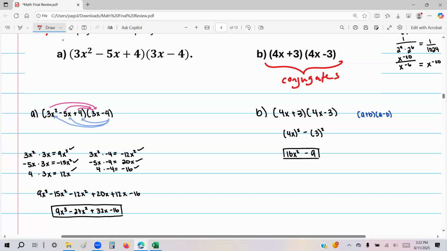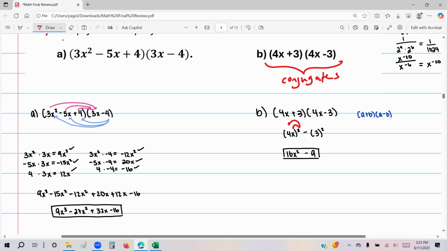So you take 4x whole thing squared minus 3 squared. Now 4x whole thing squared is not 4x squared, it's 16x squared because you have to distribute the power. So it's 4 squared x squared. So 16x squared minus 9. And stop.